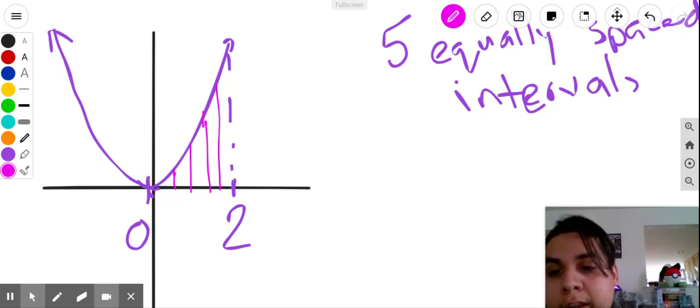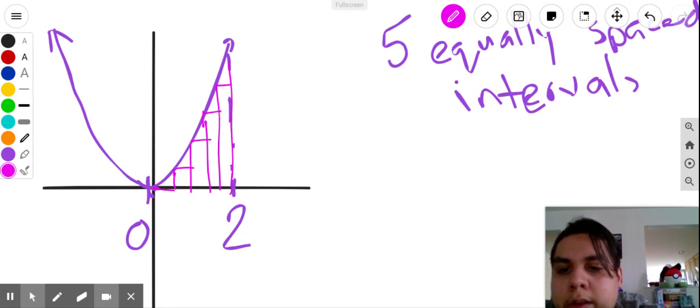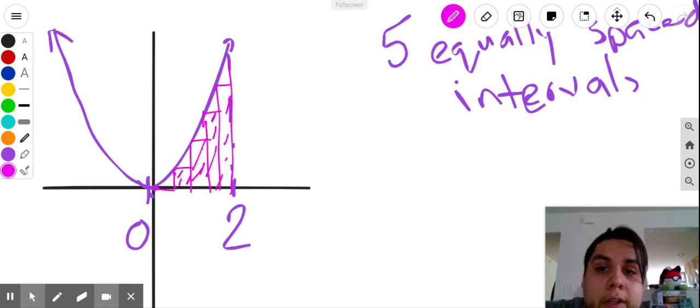So technically, if I do the lower estimate, it goes from here to there, here to there, here to there, here to there, here to there. So it would be the area of these rectangles here. If you notice, it should produce an underestimate, a lower estimate, because there are some white spaces in there that are not going to get counted.